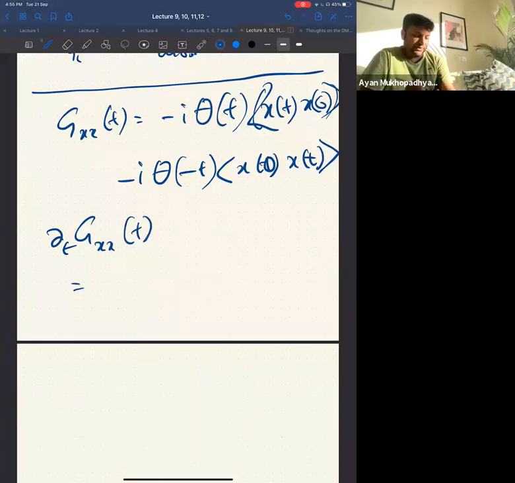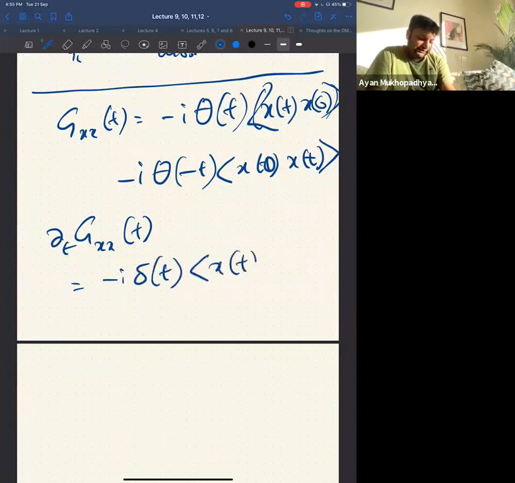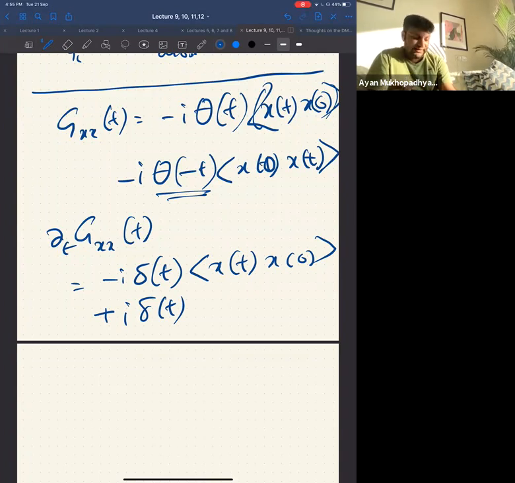If I take a derivative of the Feynman propagator, the first term is simply minus i delta t x(t) x(0), and then the next term would be plus i delta t, because theta t's derivative is delta t, but theta minus t's derivative is minus delta t, of x(0) x(t).